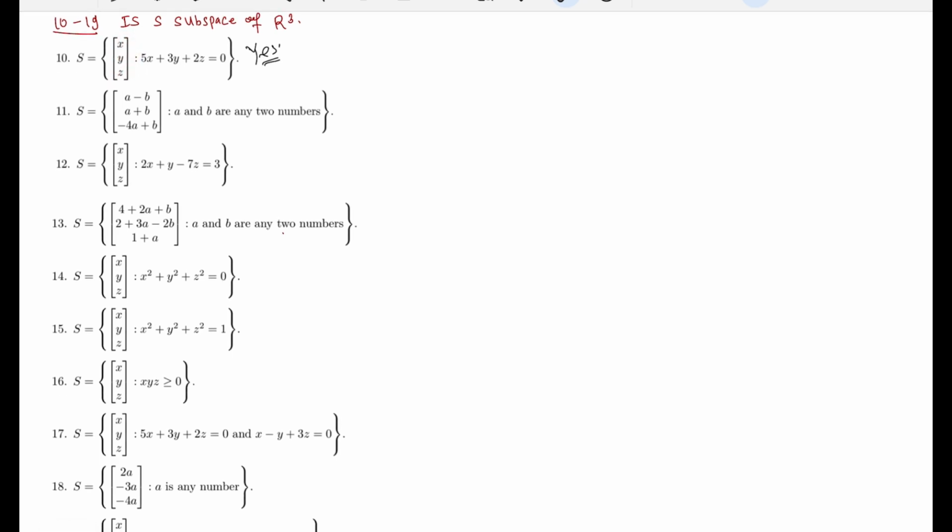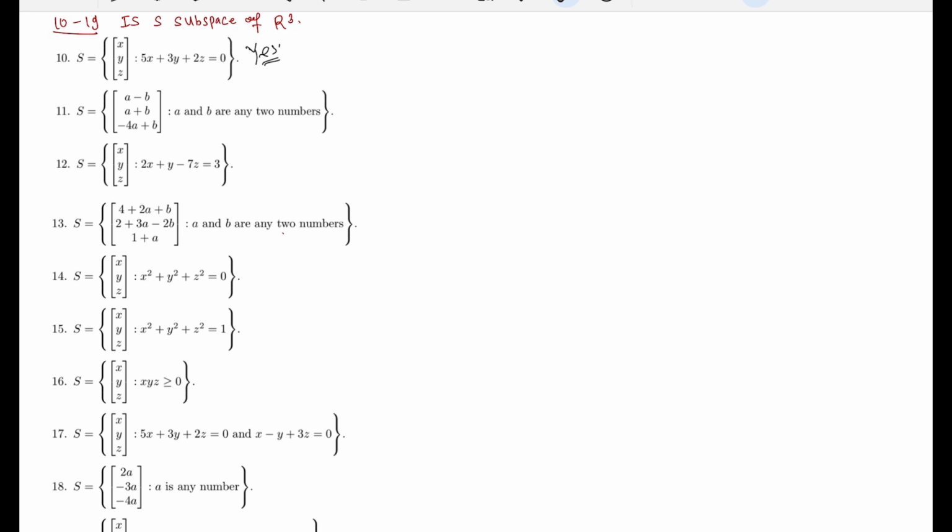So the procedure will be the same. You pick any two vectors from this set, and after addition, you need to check whether the result is in the set or not. If it satisfies this condition, then it is closed under addition. Similarly, you can check closure under multiplication. So you can do that.